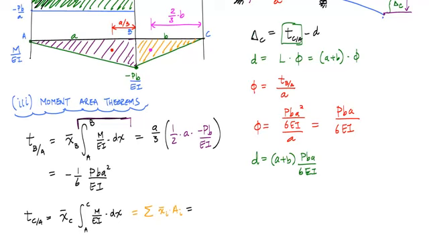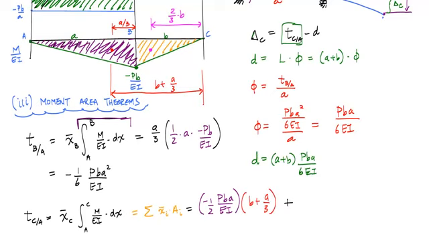So let's call this purple area the first area. The area of that is 1/2 times negative PBA over EI. And the distance from point C to the centroid of that is this total distance right here, and that is B plus A over 3.